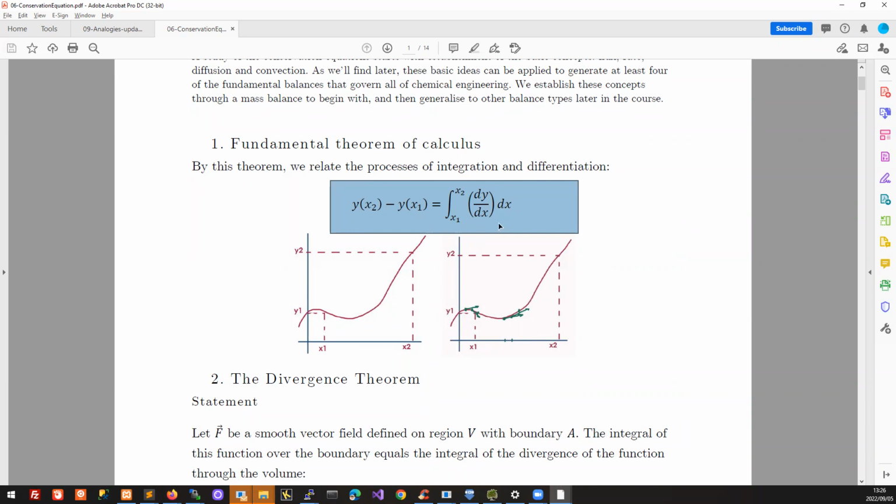Then a one-dimensional space is a line. A two-dimensional space is a surface. A three-dimensional space is a volume, and so on. And you can extend it to hyper dimensions, a fourth dimension and so on, right? So anyway, this is the 0 and 1 dimensional view of the fundamental theorem of calculus.